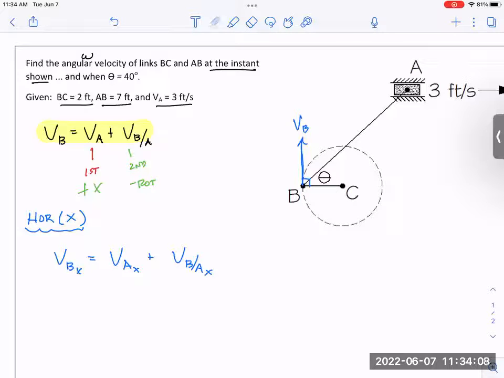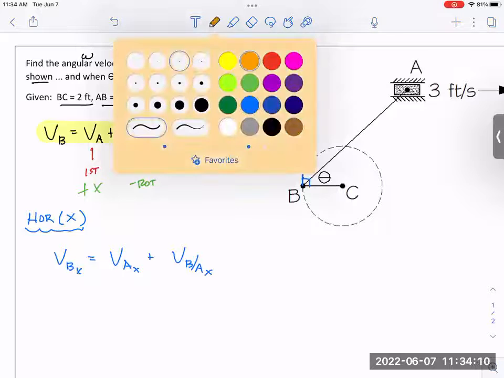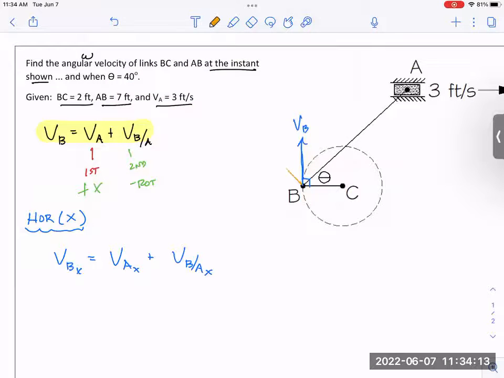Can you also see that perpendicular to that connecting rod, this would actually be the velocity of B as it rotates around A? It's always perpendicular to the axis around which it rotates.